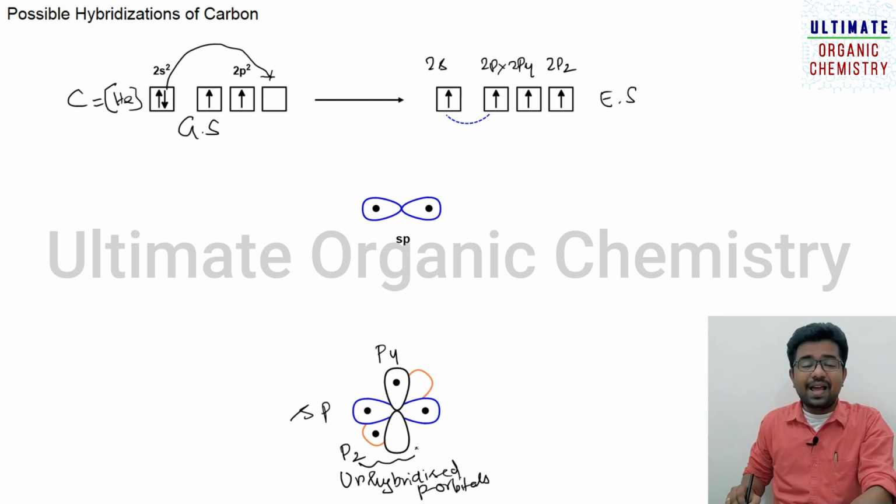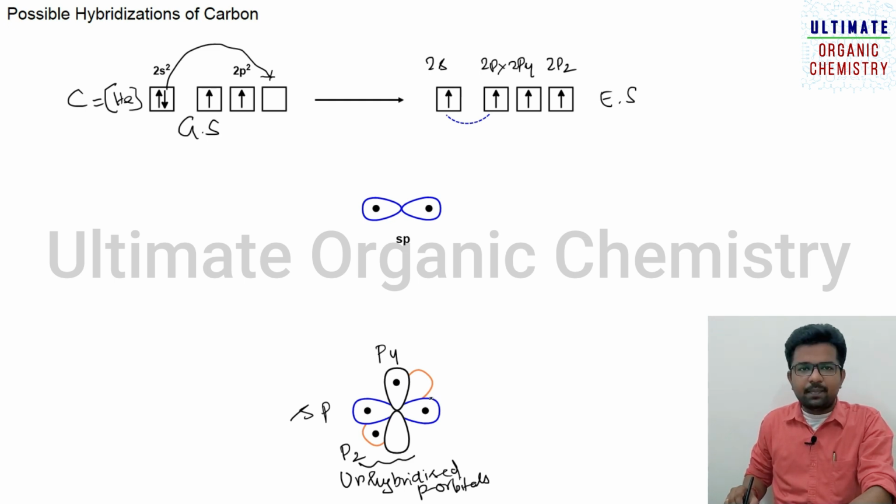So they are said to be unhybridized orbitals. If you check the electrons, one electron will be in py, given here, and pz will have one electron, also given here, and the two sp orbitals have one electron each. So this is the general orbital structure of the sp hybridized orbital.